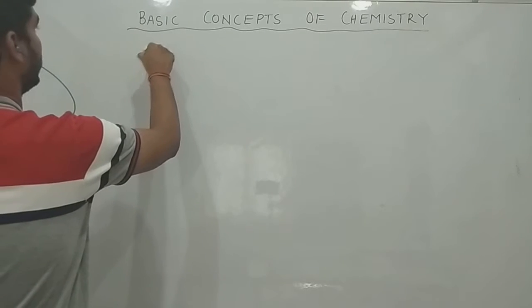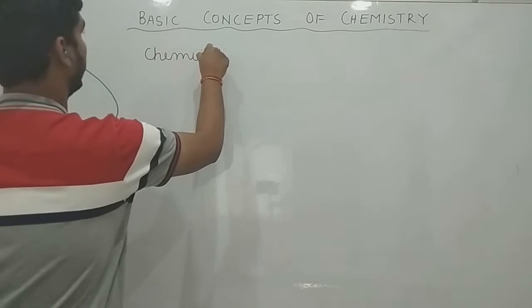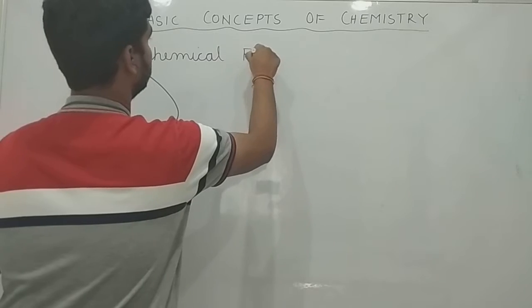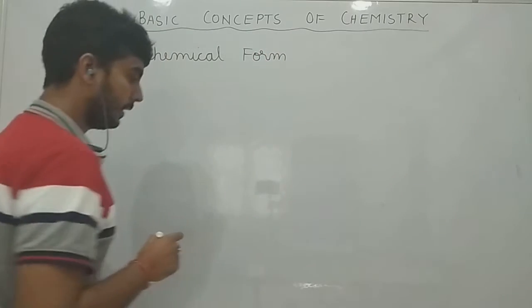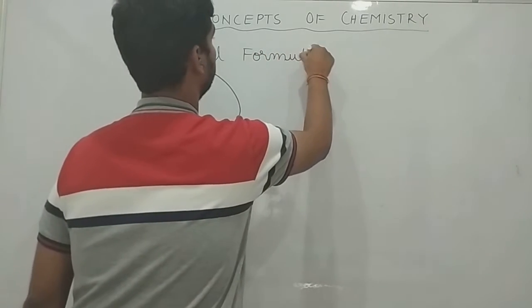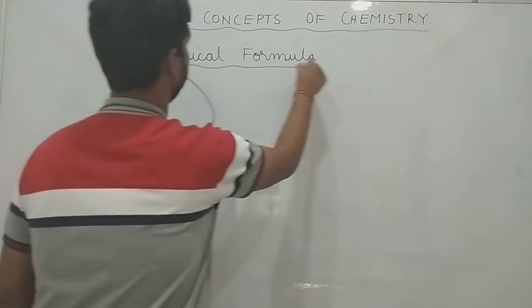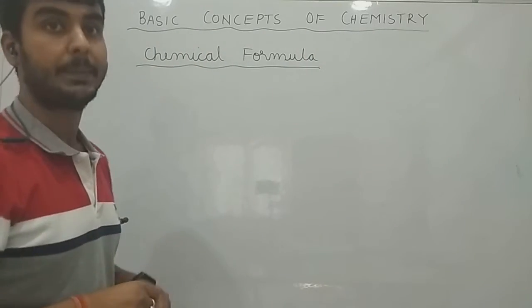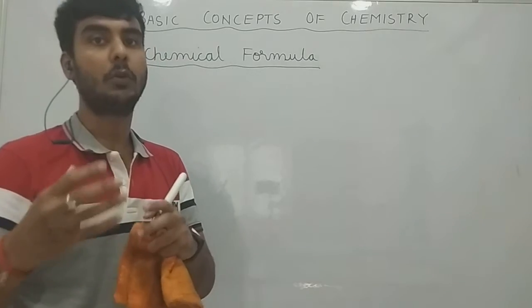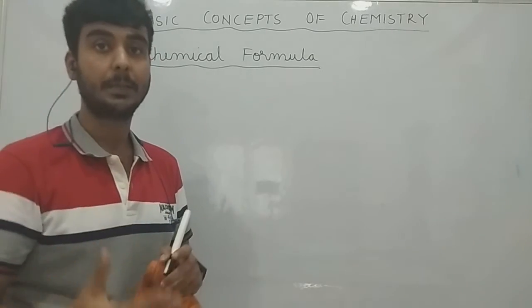So first of all, what is the chemical formula? A chemical formula is a combination of symbols of elements which represent one molecule of a substance. So what is the chemical formula?